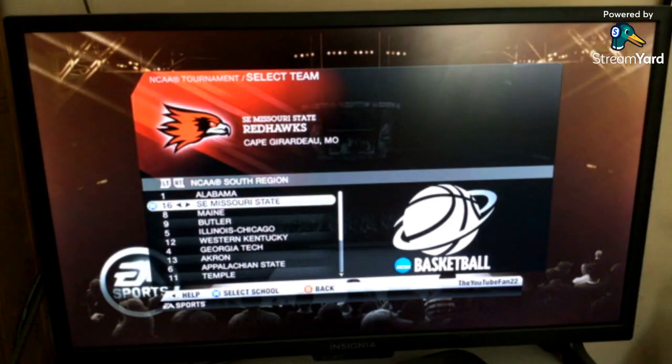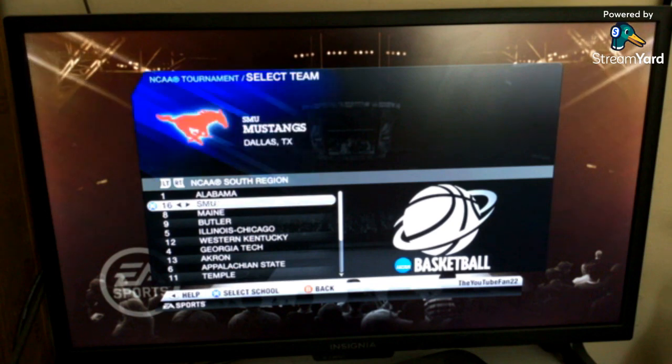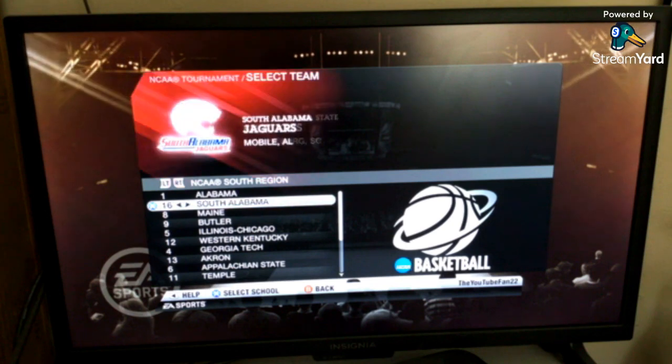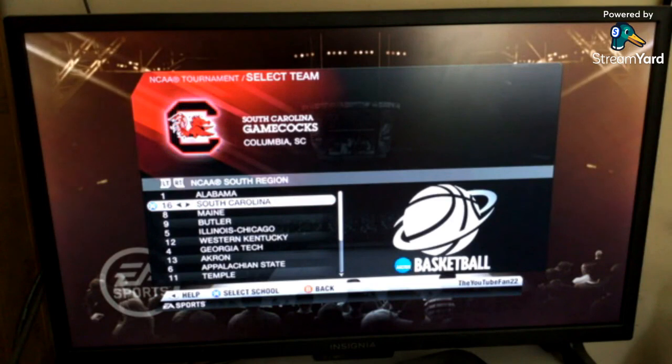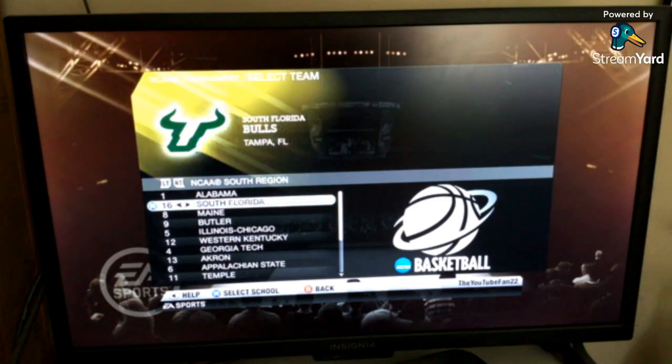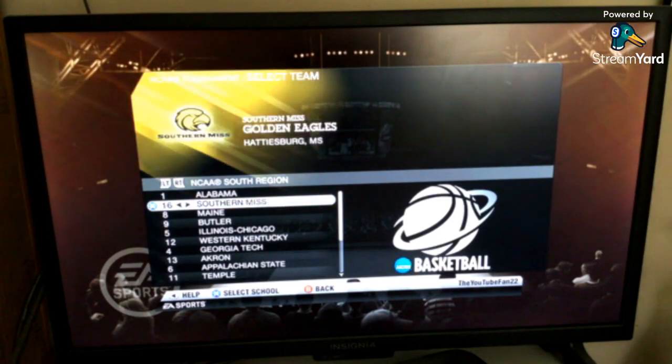They're Southeastern Missouri State. We know they're testing at Corpus Christi, and we played them before. I've seen their logo.